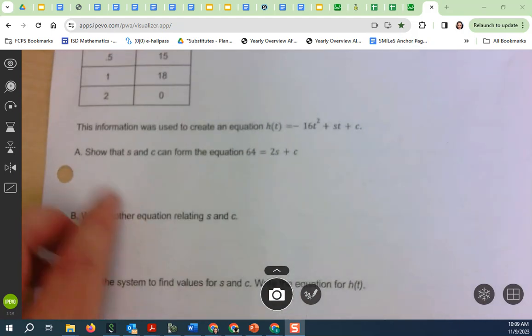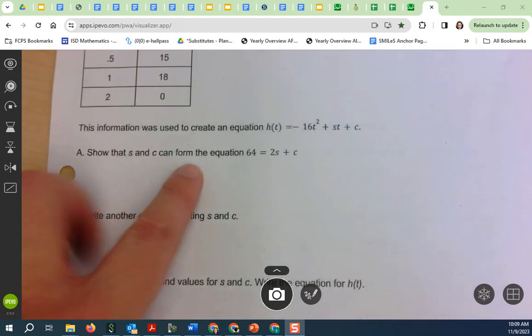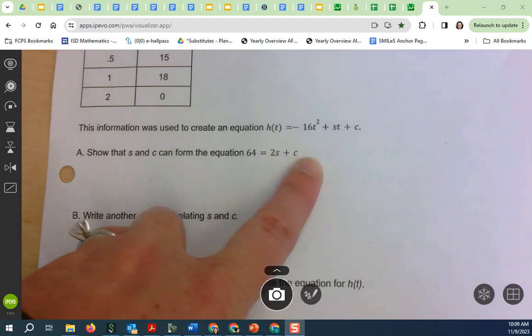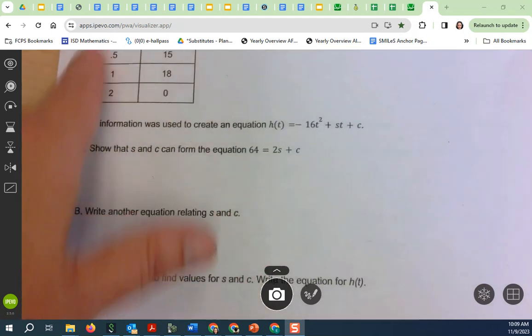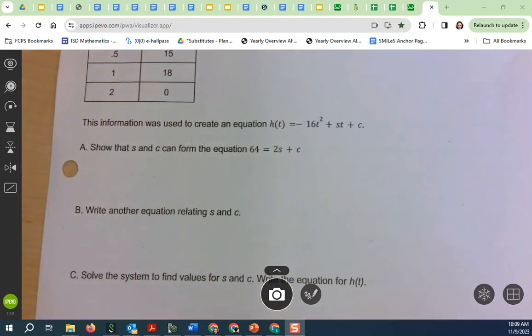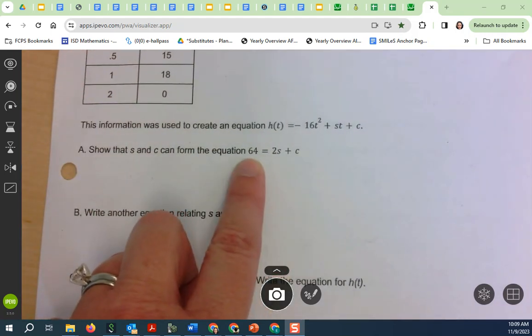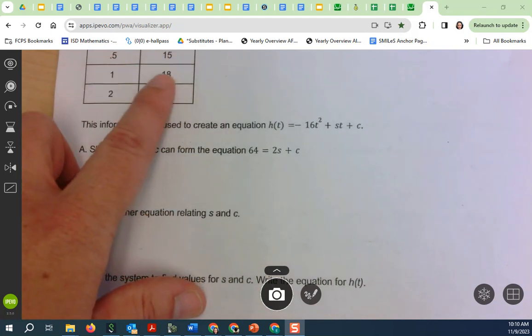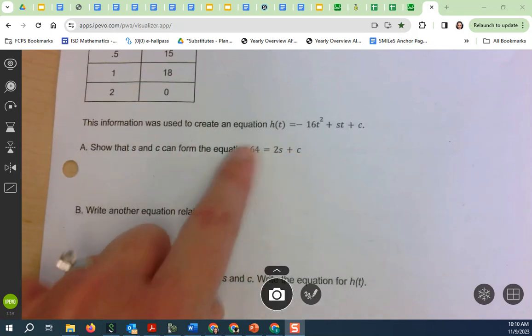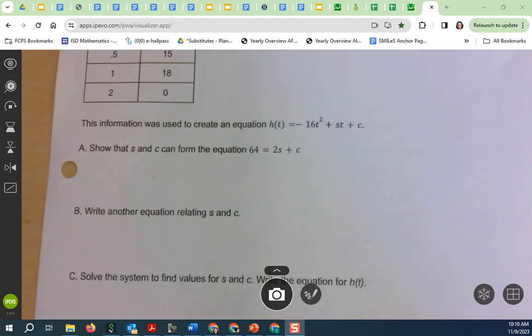The first one says, show that s and c can form this equation here, and it's using the data up here. Did anybody figure out which line of the data would help us create this equation? I don't really see a lot of these numbers in this equation, but I do see one of the numbers in the equation. Which number do you see? The 2.